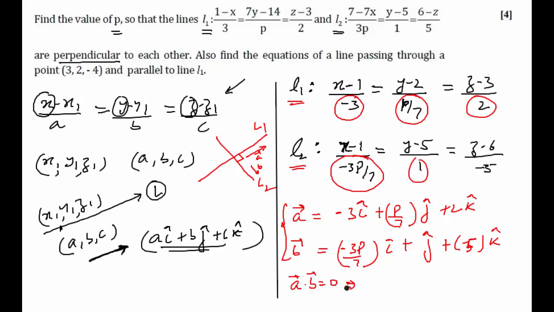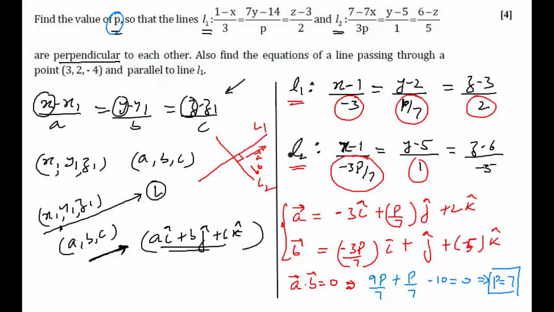So if you apply a dot b, you will get 9p by 7 plus p by 7 minus 10 equal to 0, which on solving will give you the value of p as 7.